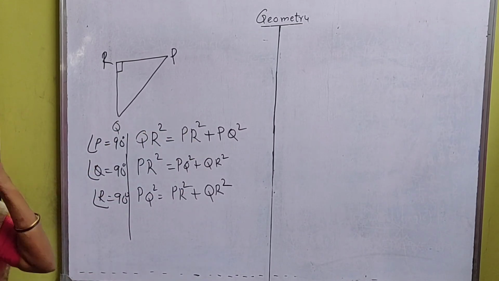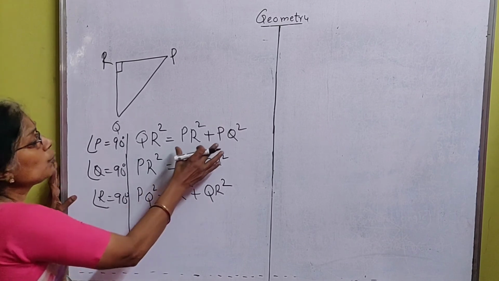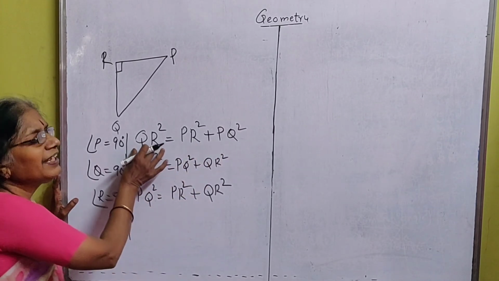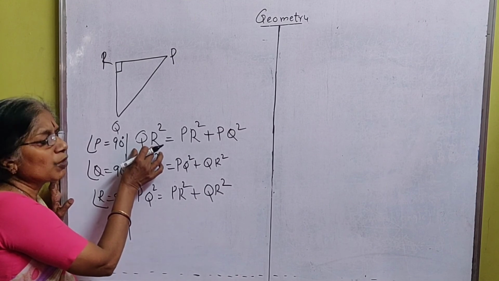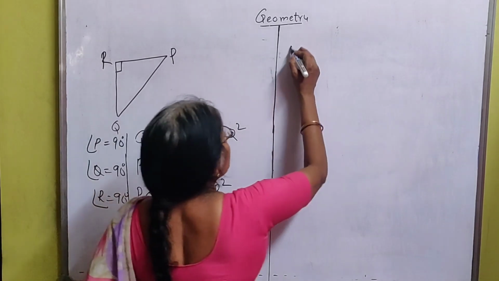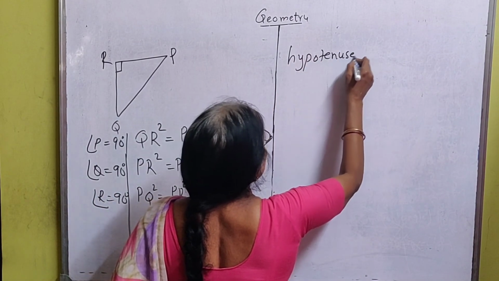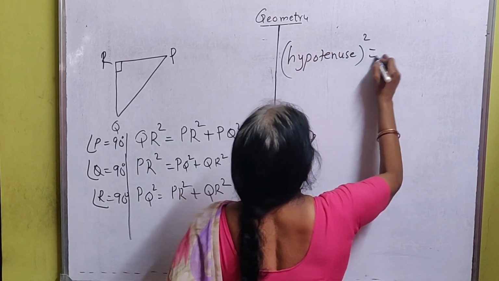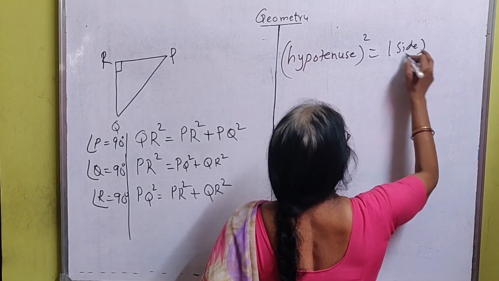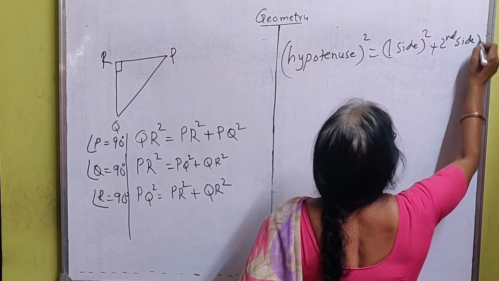Okay. Now one more thing I want to teach you. Very easy it is. If two sides are given, you have to find the hypotenuse. So hypotenuse square, it is a very easy formula. Hypotenuse square is equal to first side square plus second side square.